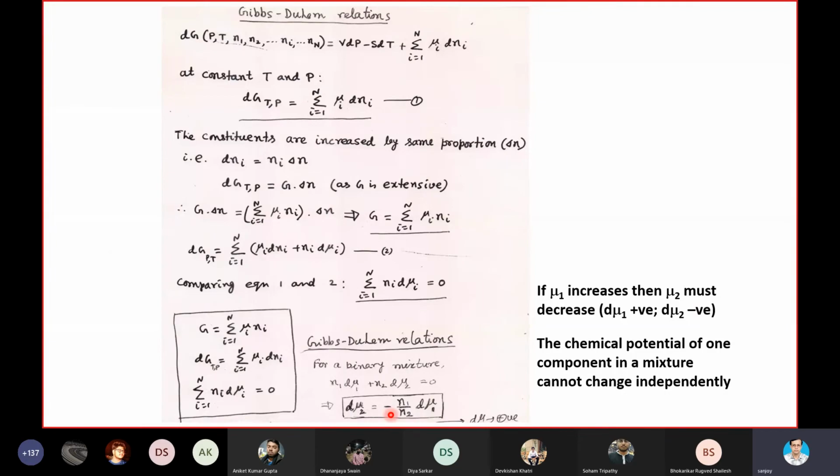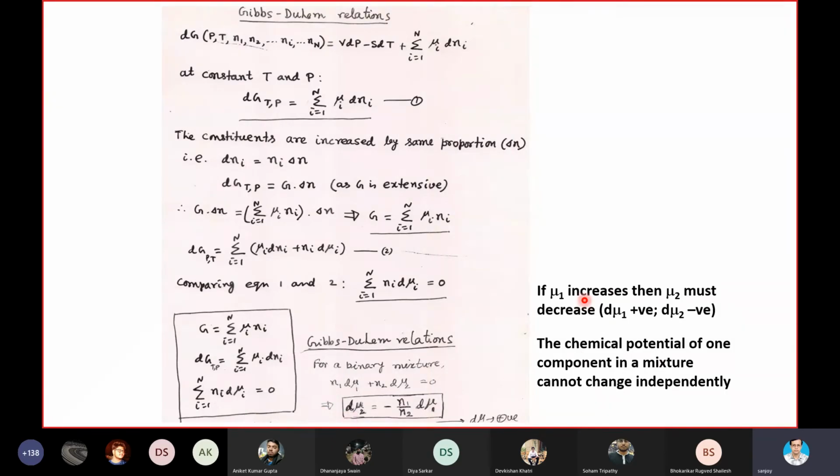So that means even if I have not done anything with component 2, we have not changed its composition, if we change the composition of component number 1, that also affects the chemical potential of the second component.